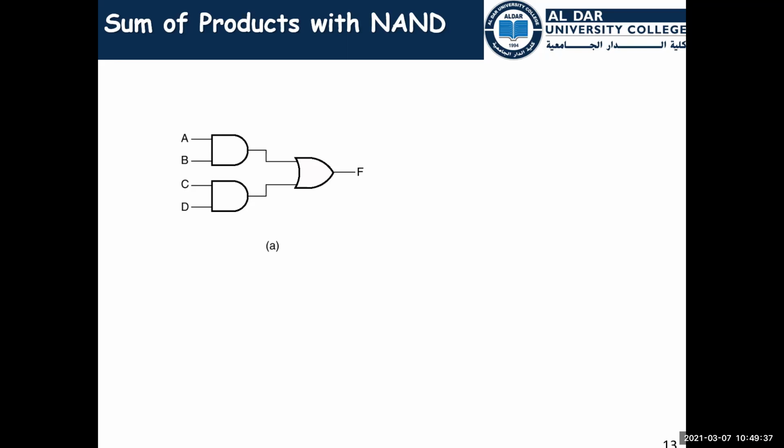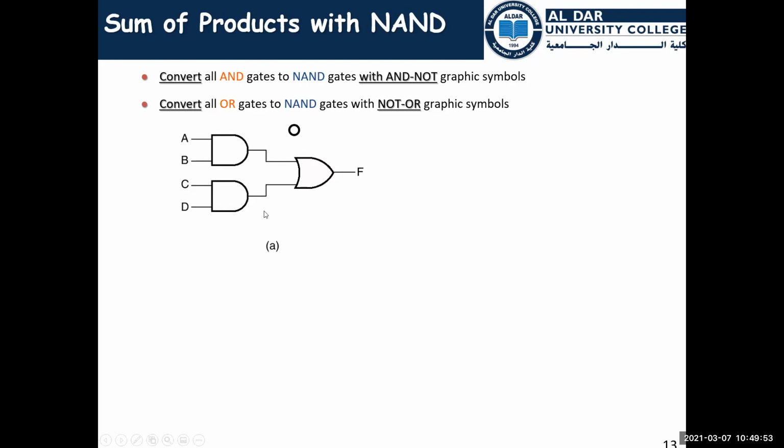So I sketch my logic gate using the AND and OR and NOT. Then I start to add bubbles between each gate and the next one. For example, here we add two bubbles, and here we add two bubbles.